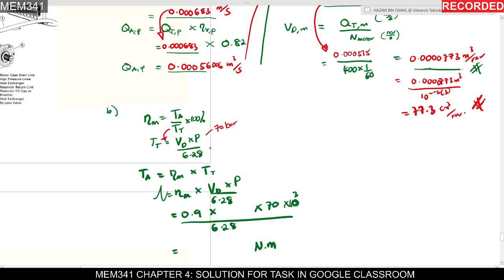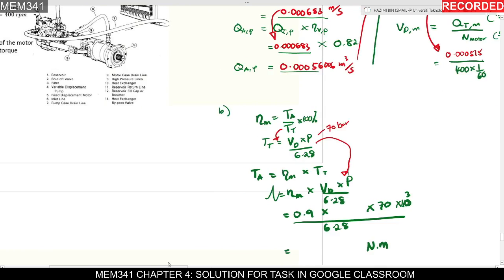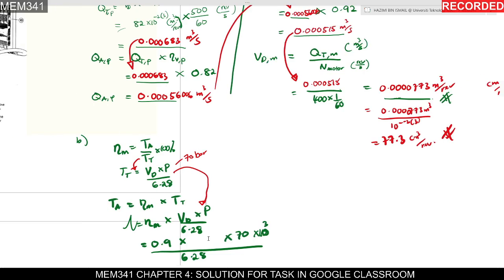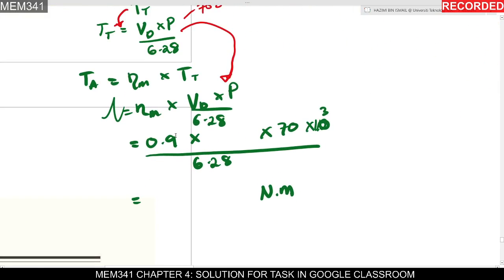So I use this equation and merge it with this equation. You just substitute with the values that you have. The mechanical efficiency of the motor itself is 90%, so I put the value of 0.9.